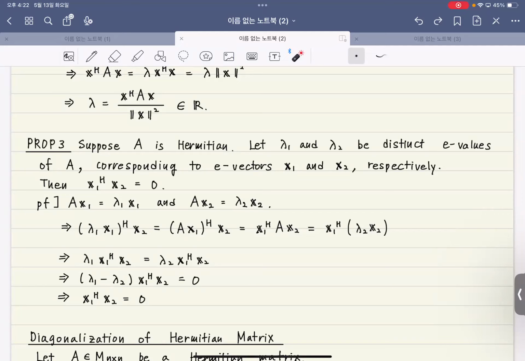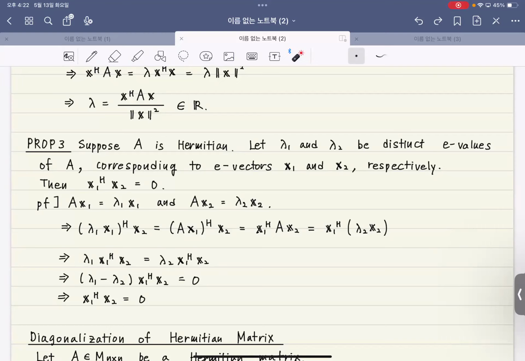If A is Hermitian, right? Although this proposition number 3 sounds like a statement on complex matrices, we have a real version of the statement.